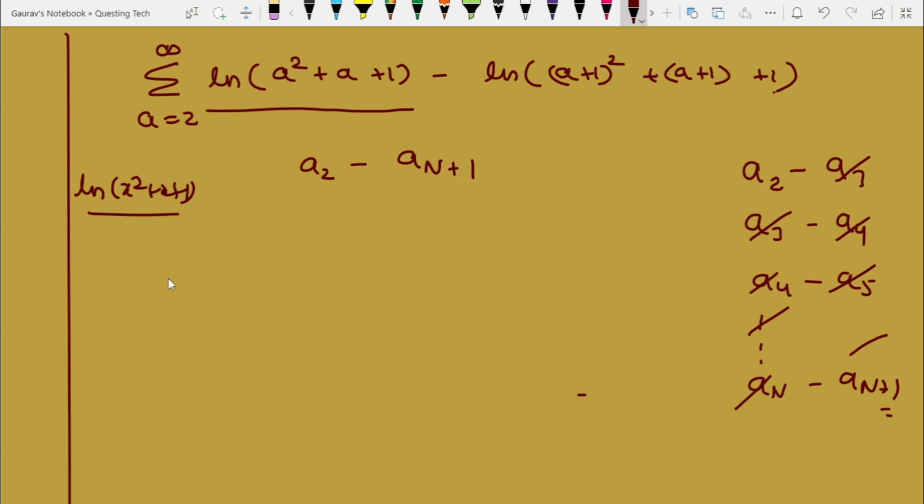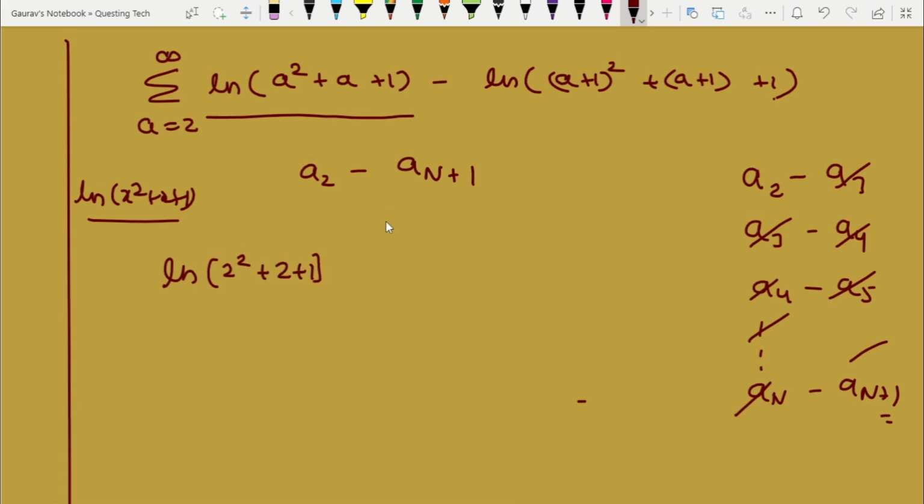So we can write this as ln of (2 square plus 2 plus 1), minus the limit n tending to infinity, and this comes out to be (n plus 1) square plus (n plus 1) plus 1. Okay, so this is what, 2 square 4, 6 and 7.